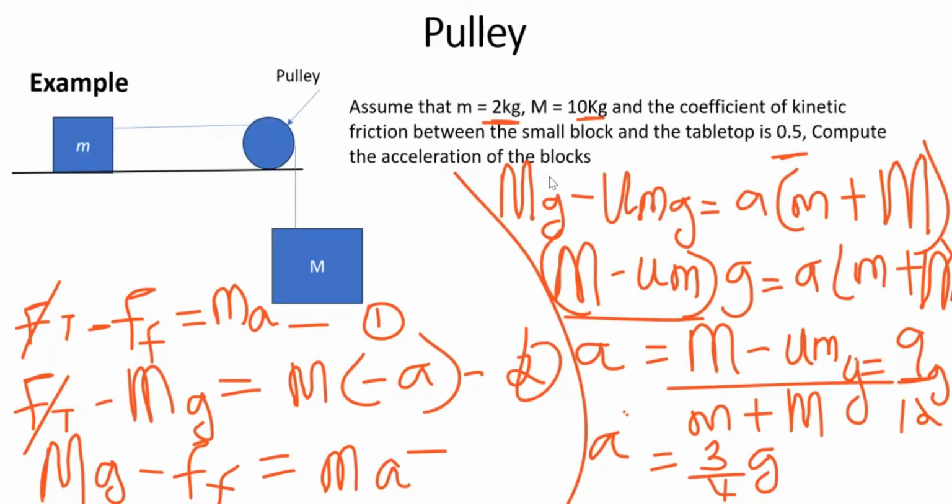So 3 over 4 times 10 will be 7.5 meters per second squared, since 3 over 4 is 0.75, times 10 is 7.5 meters per second squared. So the computed acceleration for this block is 7.5 meters per second squared.